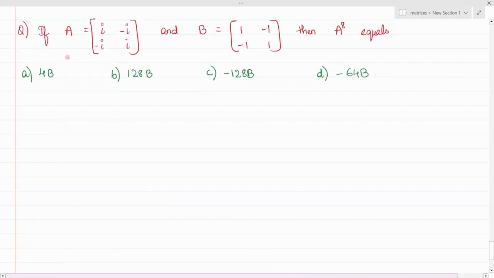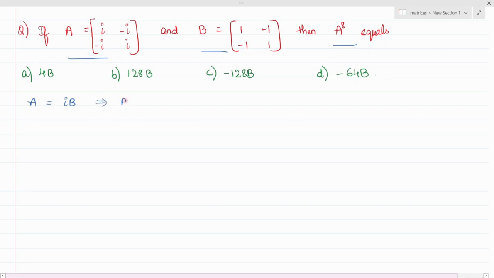In this question, matrix A is given and B is also given. We need to find the value of A power 8 in terms of B. So how to do this? If you observe the question clearly, the A matrix can be written as iota into B. So when you take iota common from the A matrix, the leftover part is nothing but the B matrix.